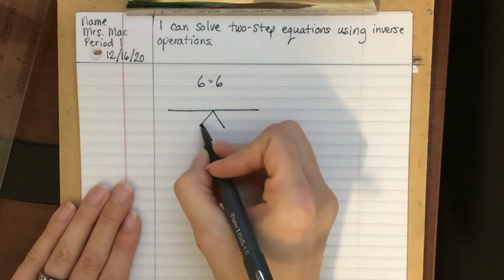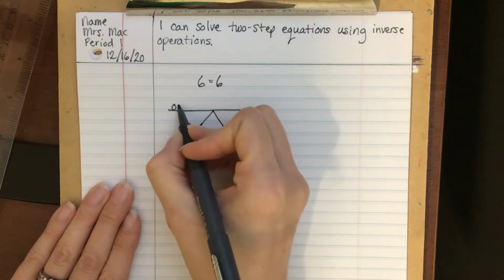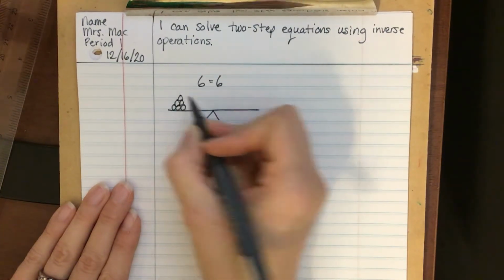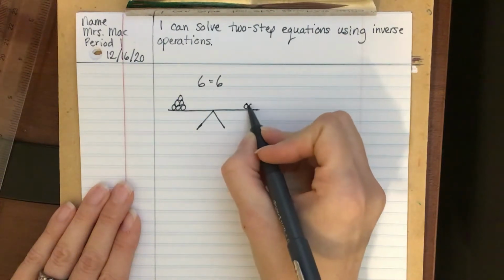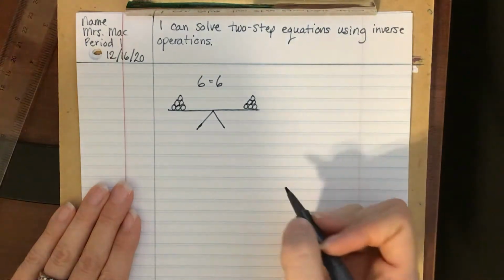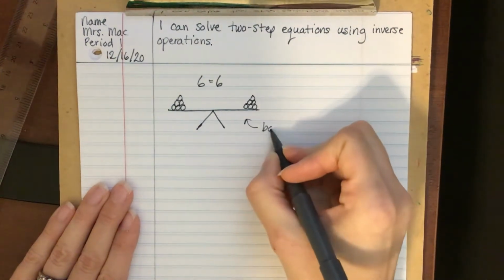you have a balance here, like a scale, and you have 6 marbles piled up on each side. So we would consider this balanced.